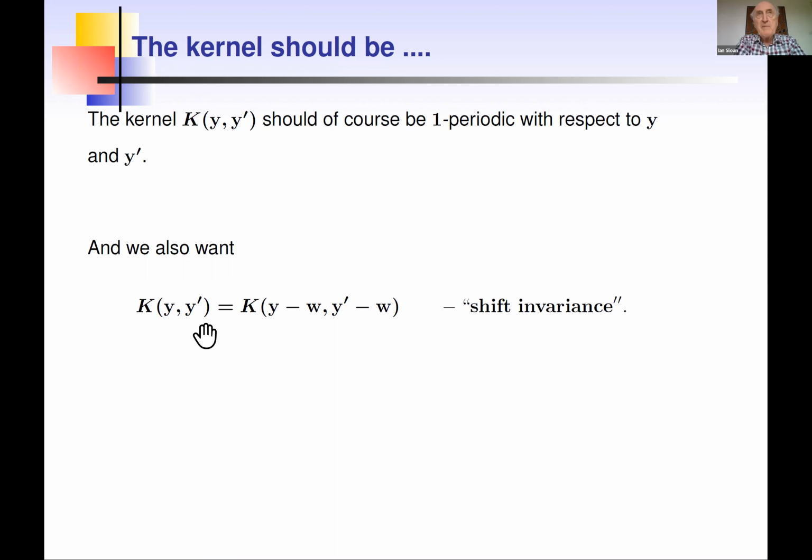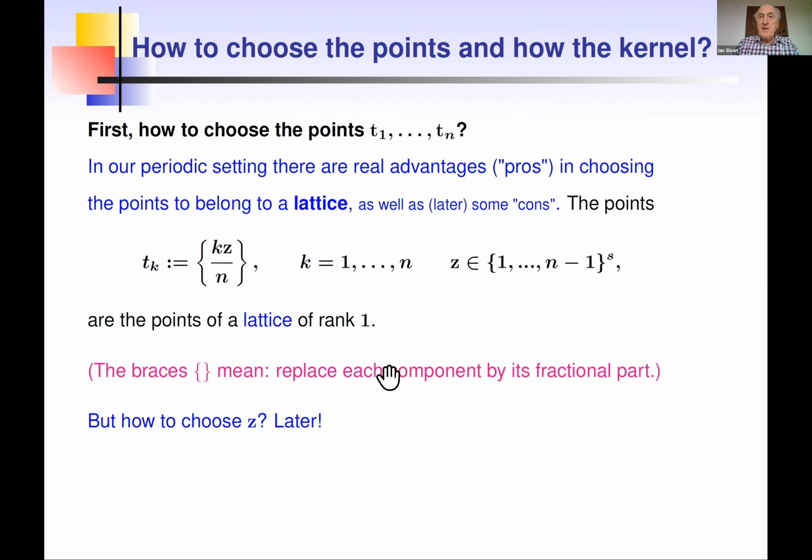But if you think about approximation on the torus, then you're certainly thinking that there is no special point, no special zero, if you like. So we have this shift invariance property. If we shift both variables by w, the kernel is unchanged. That's a natural requirement.